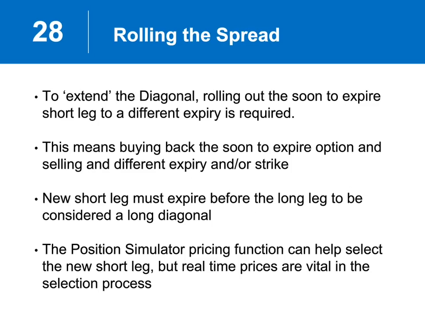This is quite similar to the previous slide. The only observation here is that while the position simulator can calculate theoretical values, real-time prices will be your friend when deciding if and when to close the spread or roll the soon-to-expire leg.